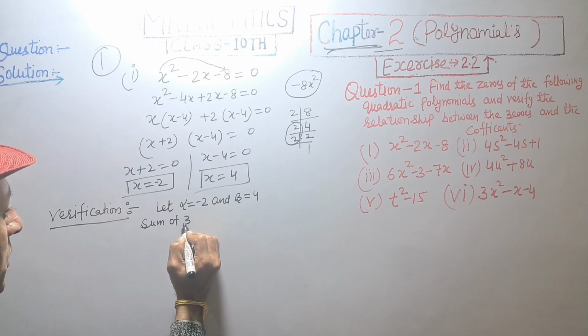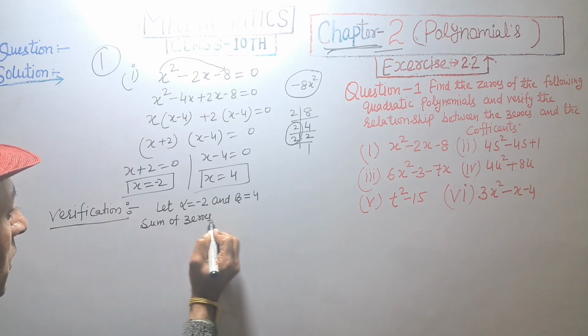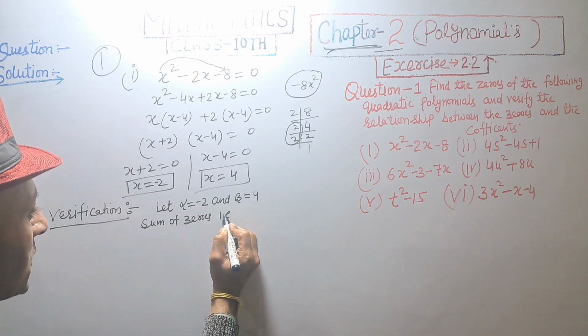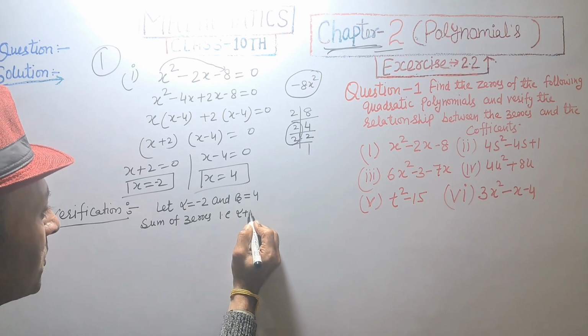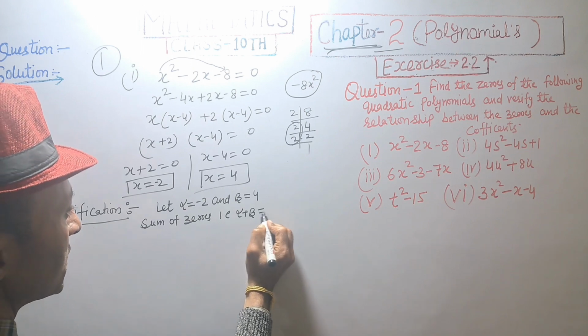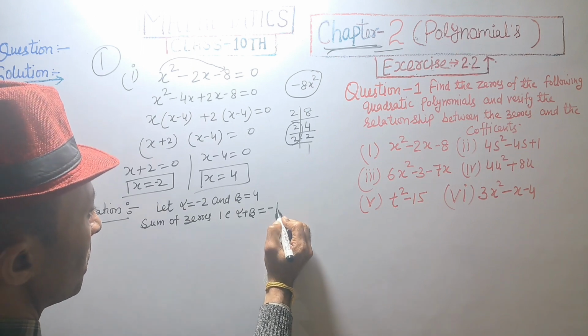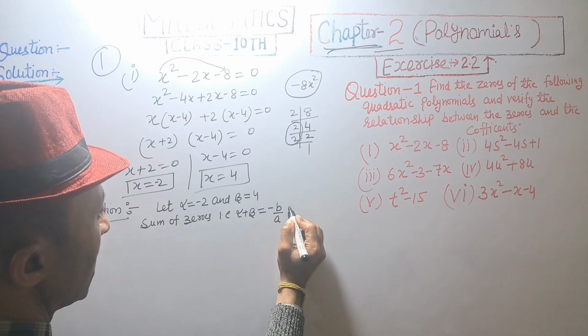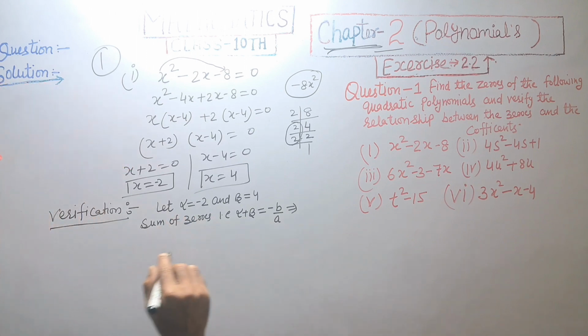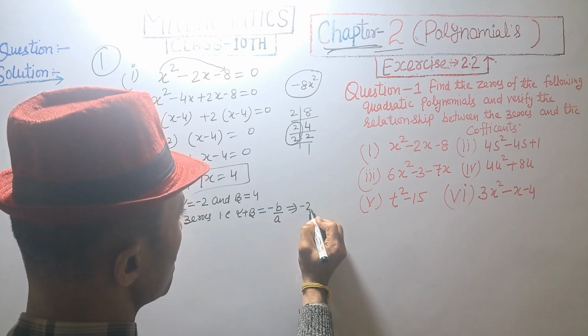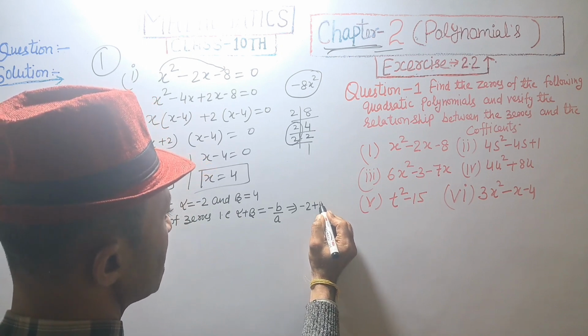Sum of zeros, that is alpha plus beta, is equal to minus b upon a. This implies alpha is minus 2 and beta is 4.